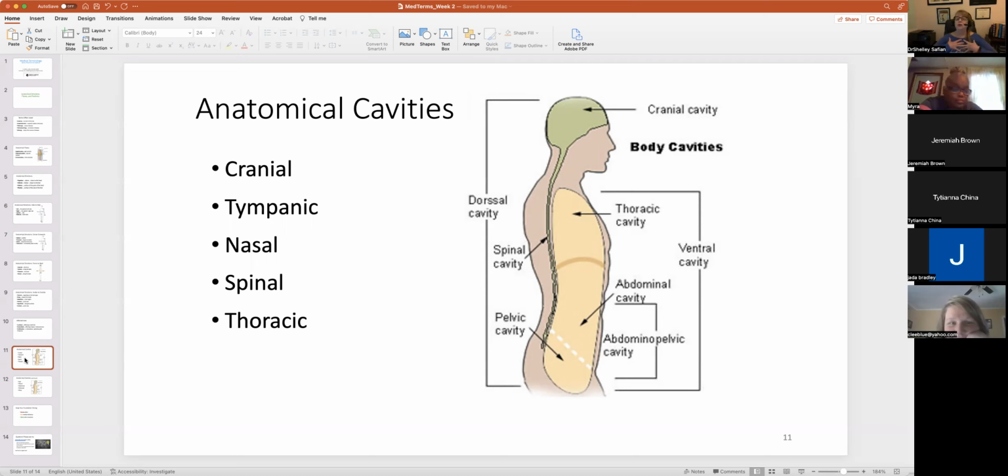Okay. And your thoracic cavity is your chest, which is framed by your ribs. It houses your heart, your lungs, very important things, okay? Very, very important things. Heart, lungs, gotta have it, okay?